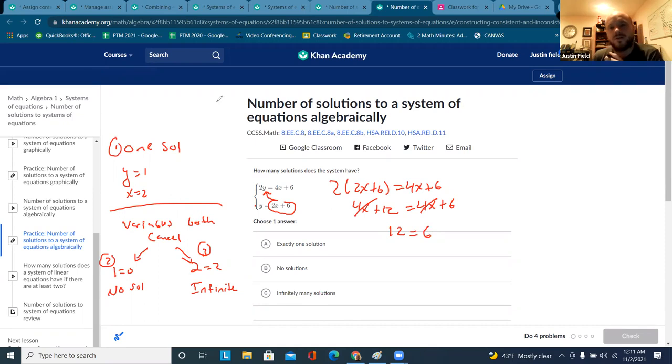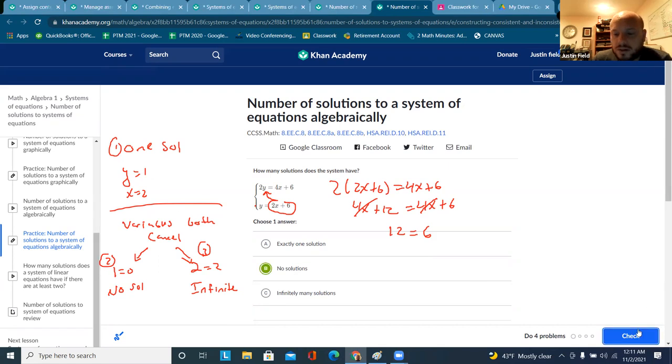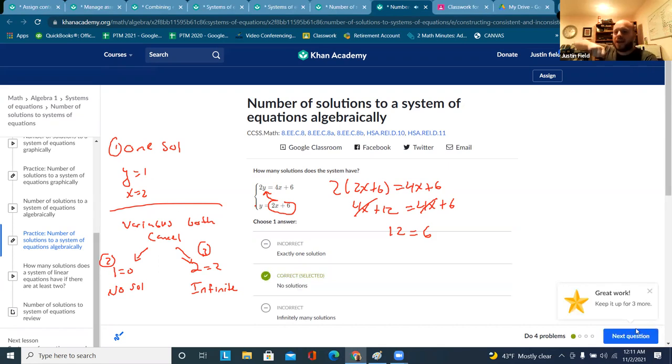But I know that 12 does not equal 6. A first grader and a 7th grader, very different people most of the time. So that's not equal. So we're going to say no solution. Yes, okay. What I end on a high note.